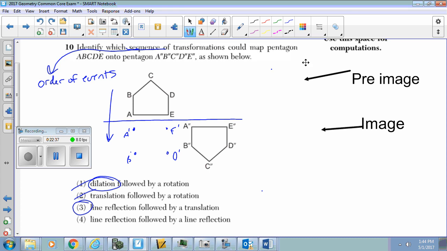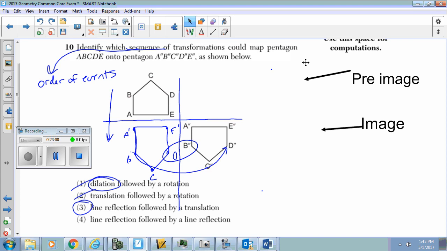And then C prime would be down here. All right, now, if you now reflected it over this line, now your B is going to come all the way and land over here. Your D and your B, they don't match up. The only one that's going to match up is answer number 3.